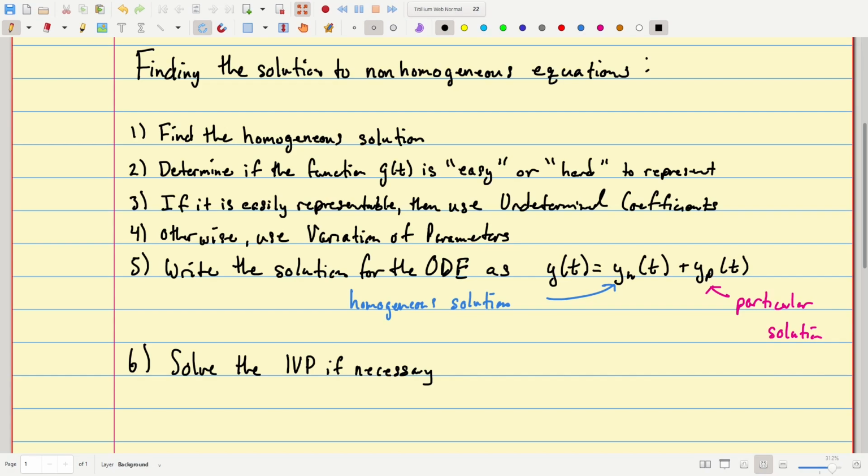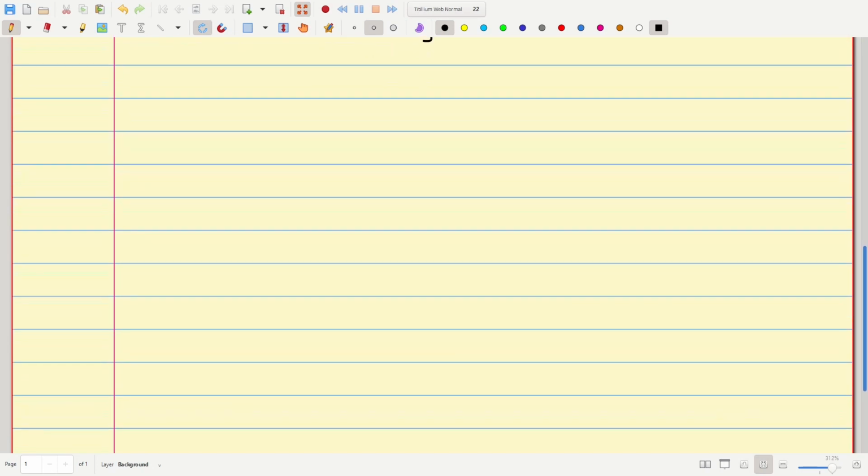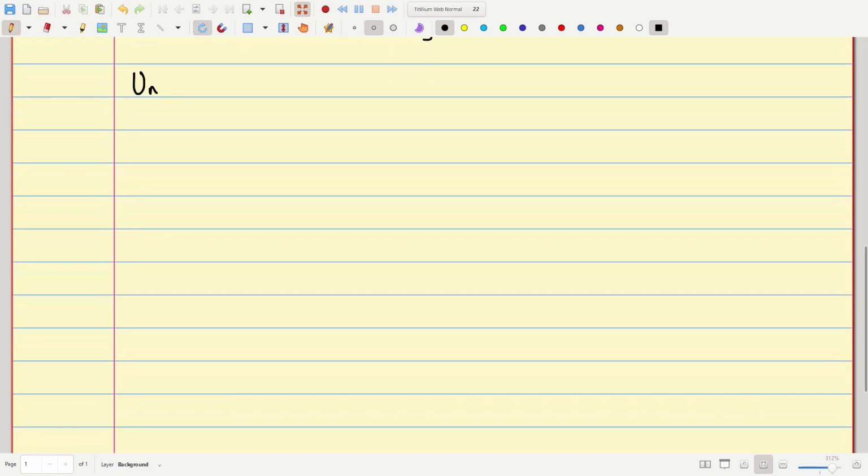All right, all make sense? Okay. So for undetermined coefficients, let's find an example here.